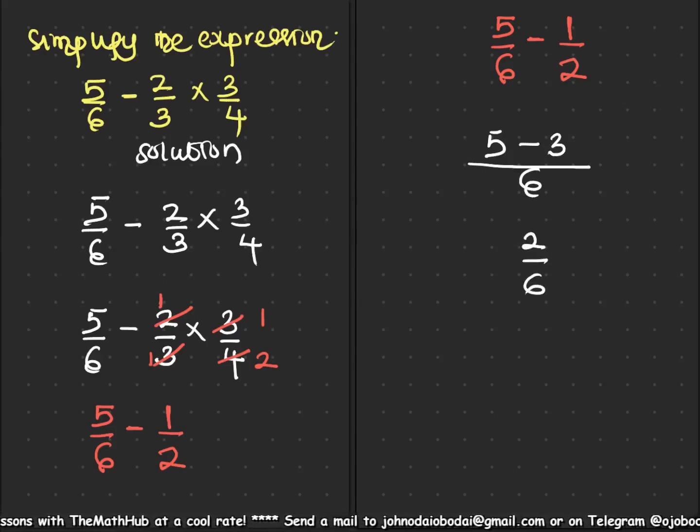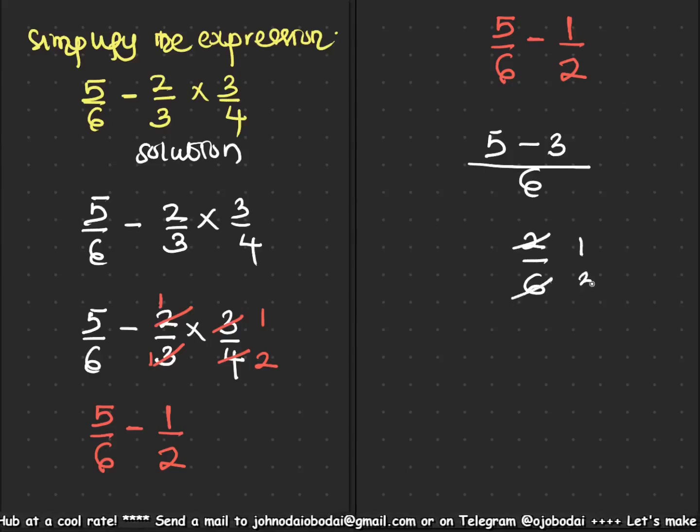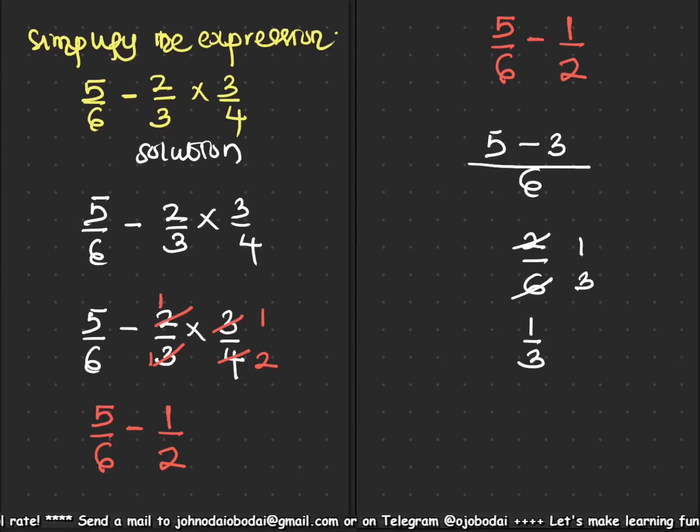This is our answer, but we can simplify as well. So we are going to have 2 dividing itself once and dividing 6 3 times. So our final answer is what? 1 over 3. As simple as that.